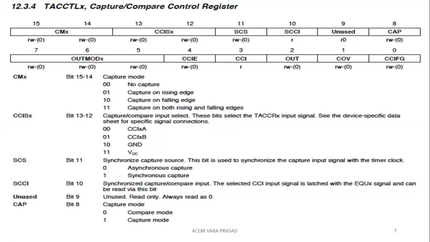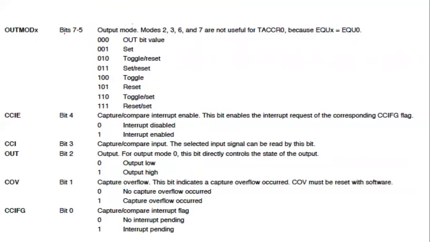Then that is the out mode. What are the out modes? We have 3 bits, bits 7 to 5, used for selecting out modes. 000 means the out bit value is whatever the value is, 001 is set, and 010 is used for toggle or reset.